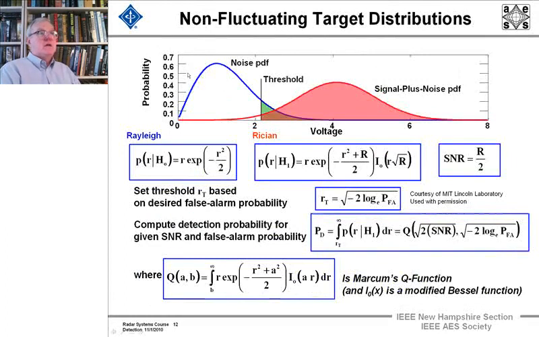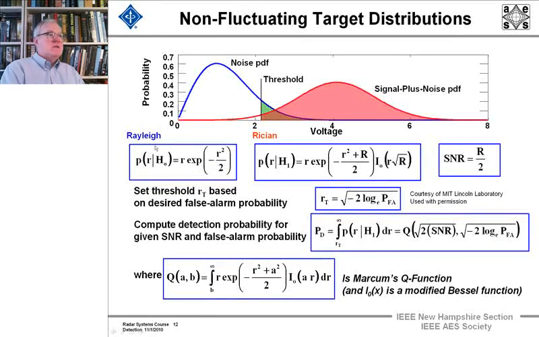Now for non-fluctuating targets, this is the algebra that one goes through. This work was first done in 1954 by Marcum. We're summarizing in a view graph what he did. It was about 60 pages when I read it back in the 70s.